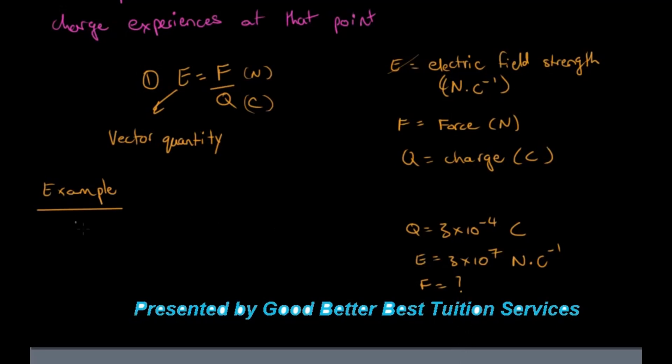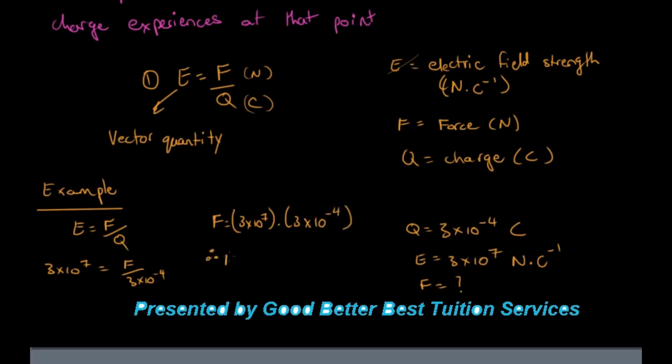Well, in our example, E is equal to F divided by Q. They give me E, which is 3 times 10 to the 7. I don't have F, but I do have Q, which is 3 times 10 to the minus 4. So therefore F is going to equal EQ, which is 3 times 10 to the 7 times 3 times 10 to the minus 4.